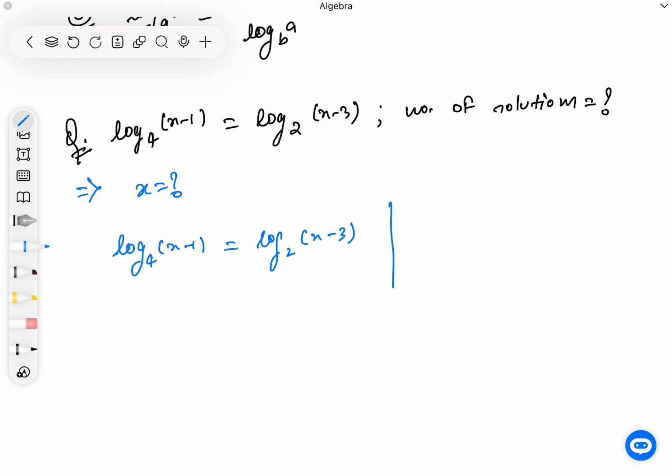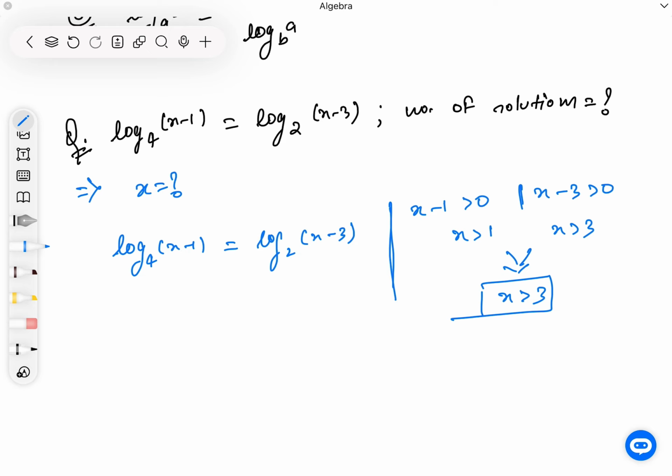But before that, I will use the conditions of log, and that is that x minus 1 has to be greater than 0 and x minus 3 also has to be greater than 0. So x greater than 1, x greater than 3. From both these I can get that x has to be greater than 3. Cool. Perfect. Let's solve this.